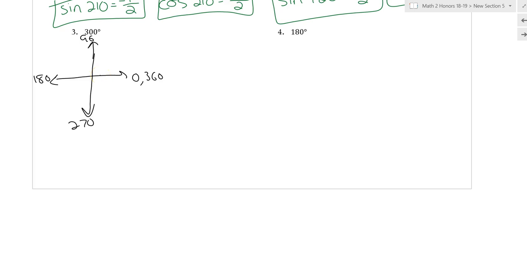So it's going to be here, loop around. This is our reference angle for 330. So we're close to 360, so for my reference angle, it's going to be 360 minus 330 degrees. This is another 30-degree angle, which is in quadrant 4.